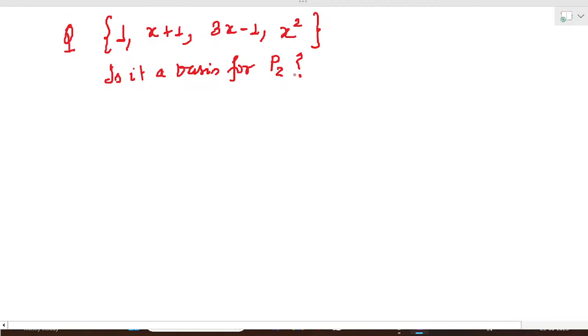P2 is the set of all polynomials with degree at most 2. Now just think about whether this forms a basis for P2 or not.